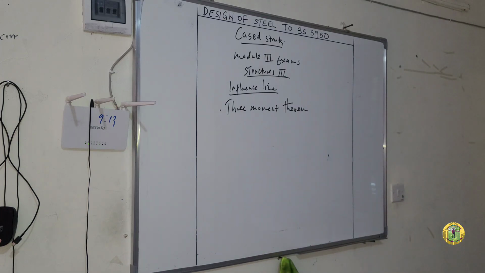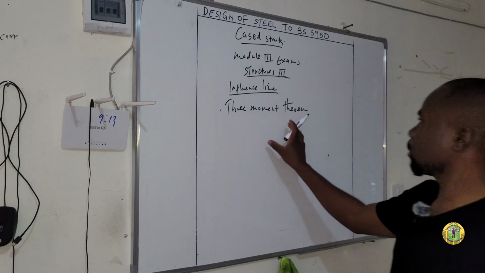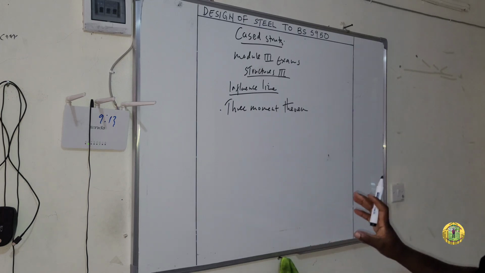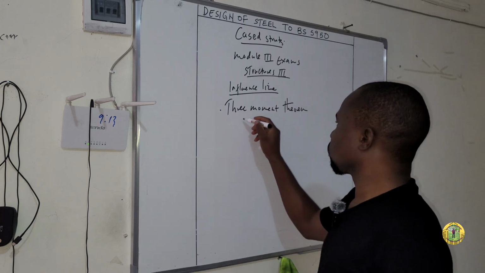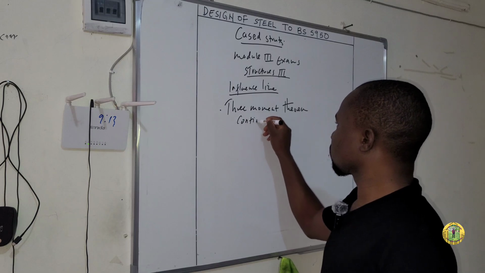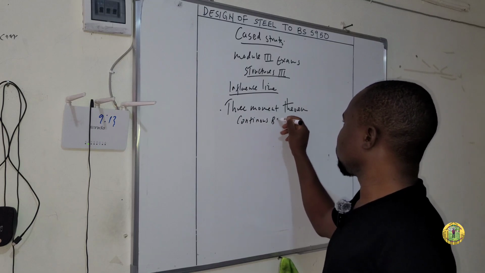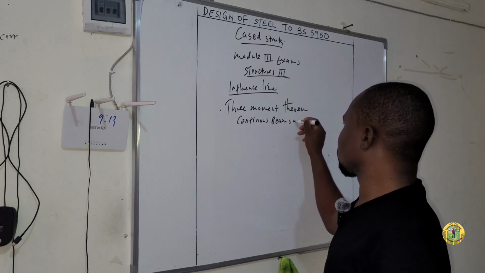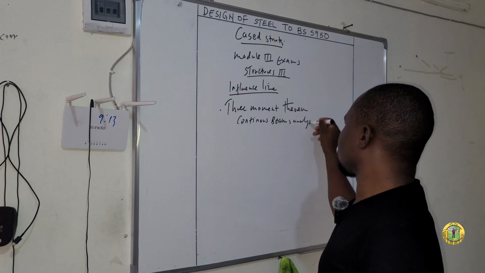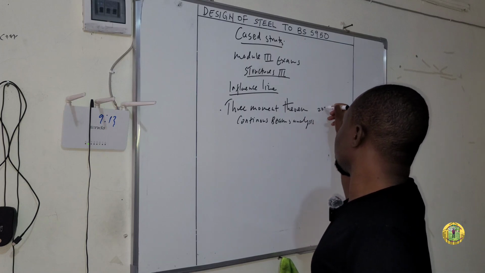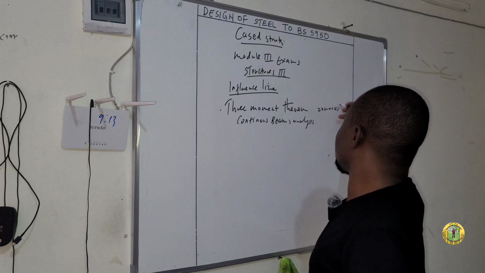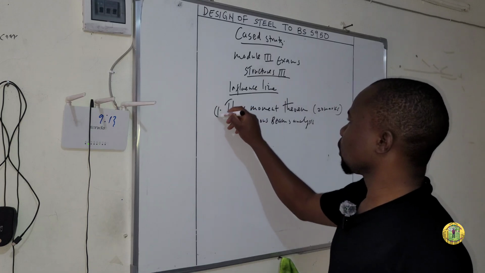This question will always come in your exams, and this one is for continuous beams analysis, and it is always 20 marks. So this is topic number 1.